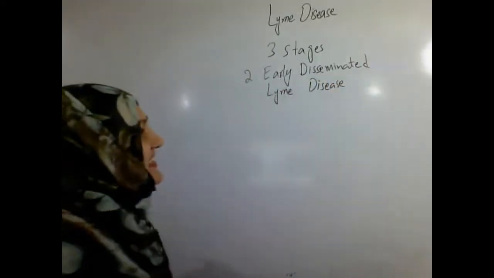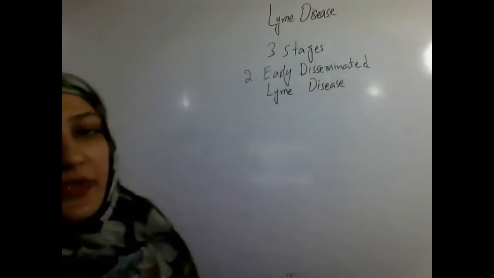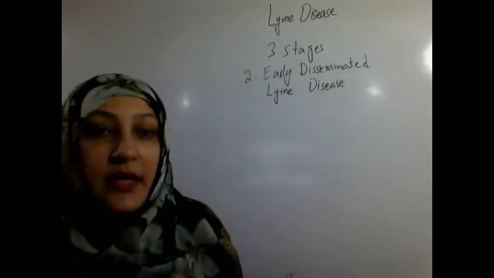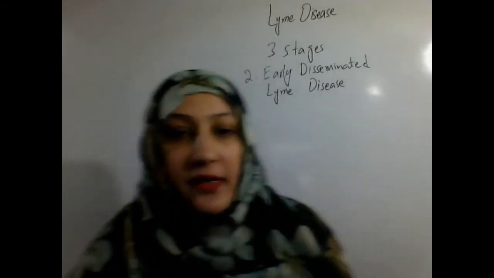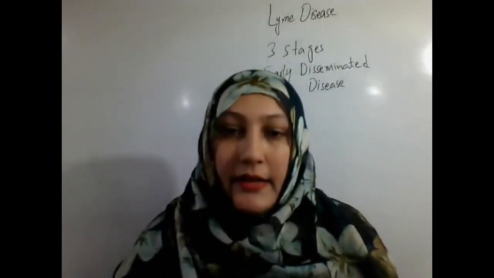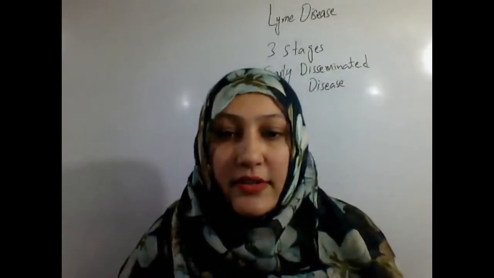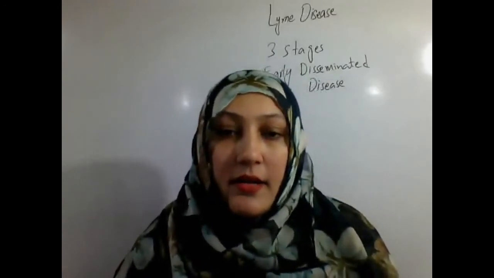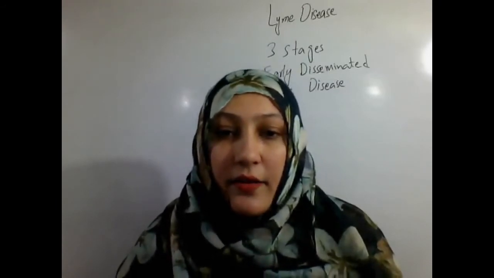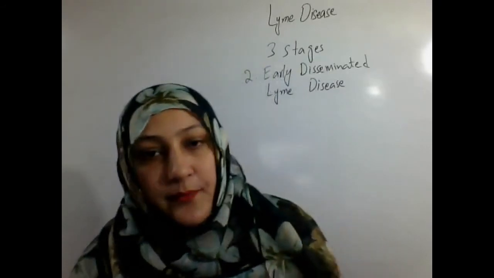In this stage, if the first stage of Lyme disease is not treated properly, then it leads towards the second stage, and it becomes worse, and the symptoms are worse as compared to the first stage of Lyme disease.